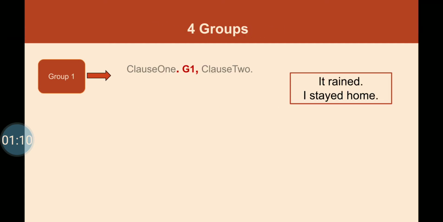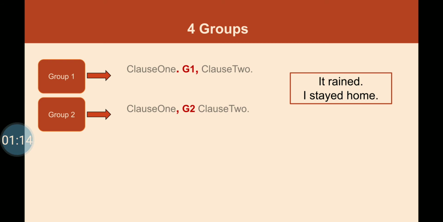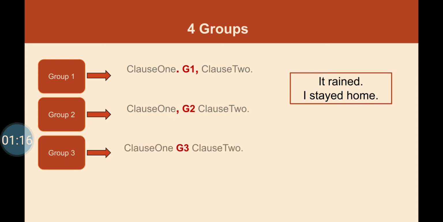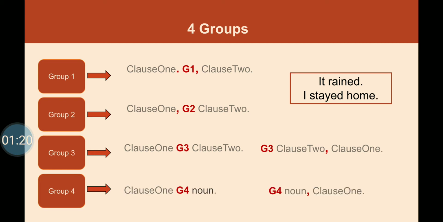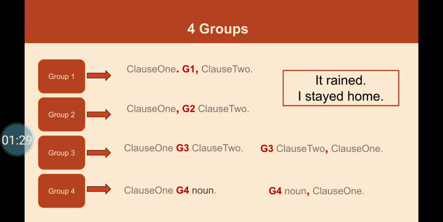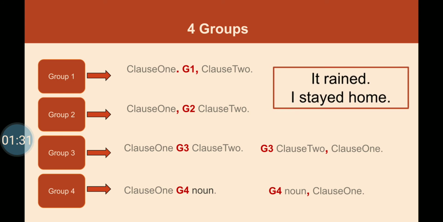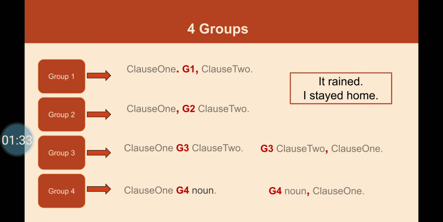You also have group 2, and that's the structure of group 2. And then you have group 3, and that's the structure of group 3, and group 4, and you have the structure of group 4. As you see, group 1 and group 2 have only one structure, and group 3 and 4 have two structures each.